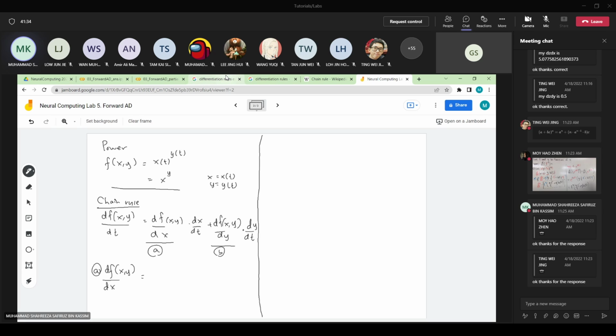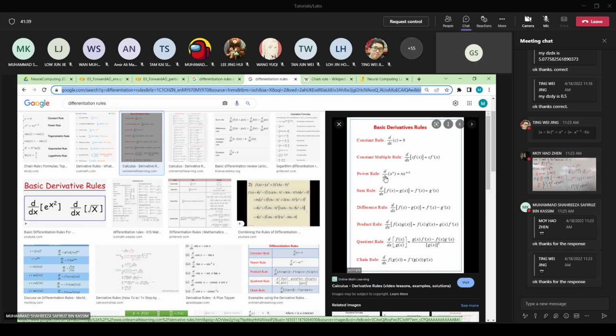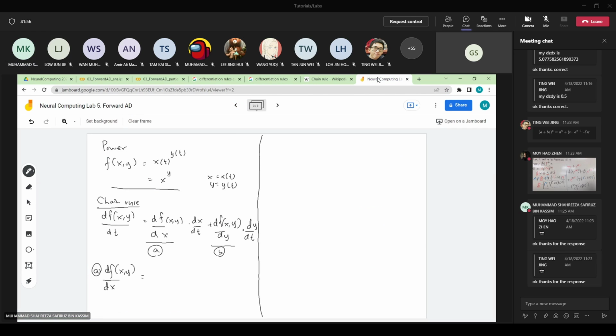So for x to the power of n, if you're differentiating it with respect to x, you'll get n times x to the power of n minus 1. So in this case, we would get y times x to the power of y minus 1. That's because of the power rule.